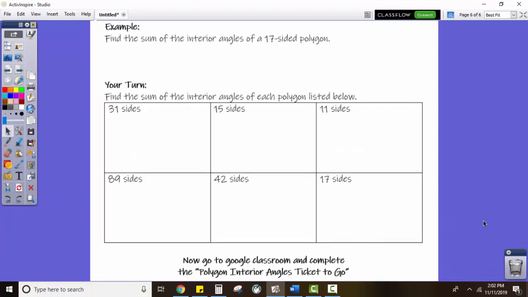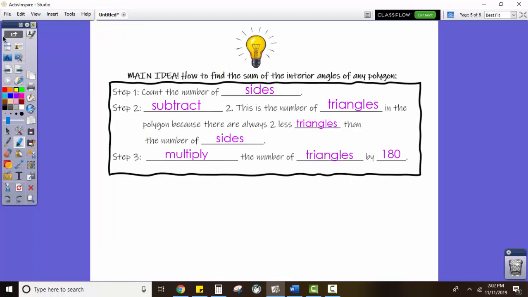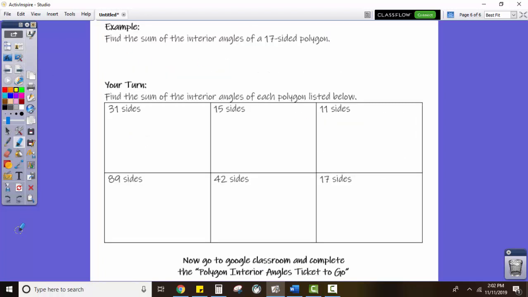Okay, so moving below, we'll do an example together. It says, find the sum of the interior angles of a 17-sided polygon. So this is a really big shape with a lot of sides, 17 sides. You're not going to draw out a 17-sided figure and split it into triangles. We're going to do the shortcut, which is these steps from above. So step 1, you're going to count the number of sides. There are 17 sides. Step 2 then, you need to subtract 2.